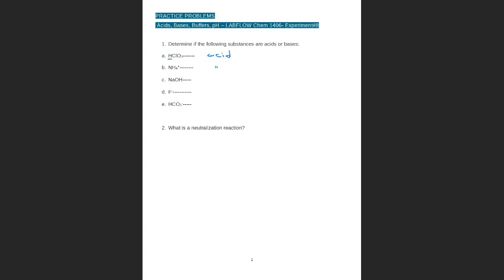So it's also an acid, NH4+. It can donate an H+ plus ammonia. And because it provides a proton, an H+, it is an acid.